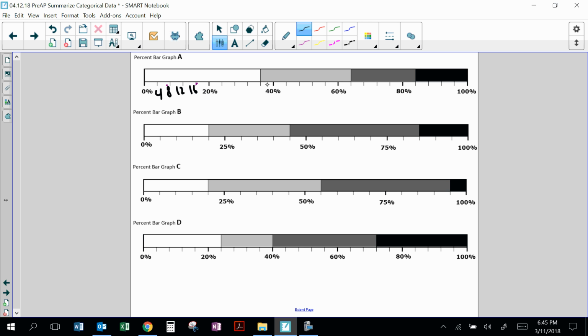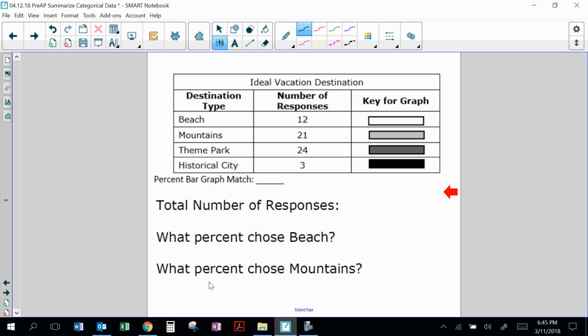First of all, this is closer to 4, so this is not 24%. We can skip that one. Nope. 4, 8, 12, 16, 20, 24. So D is the correct one.